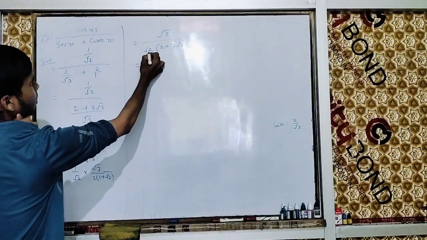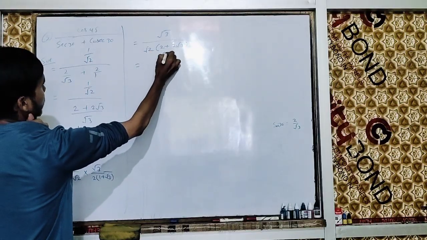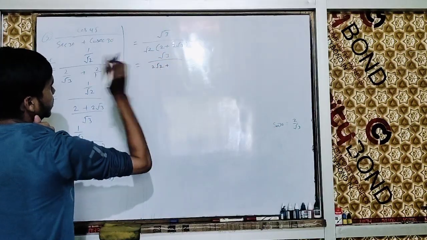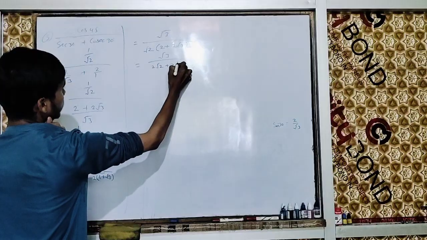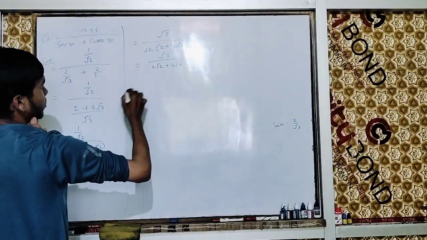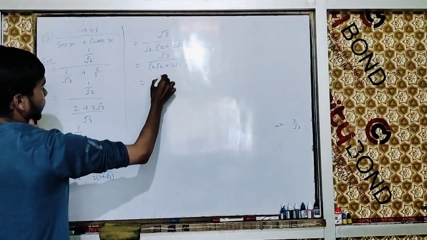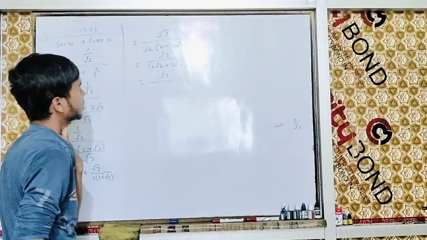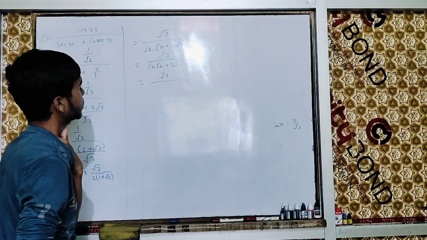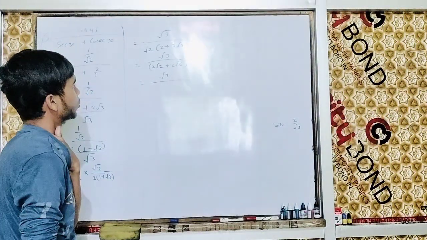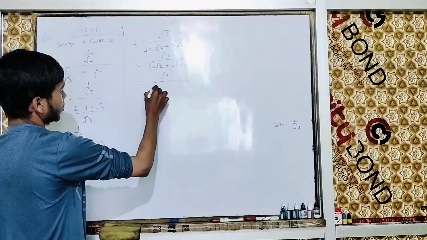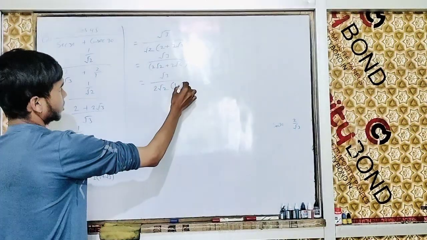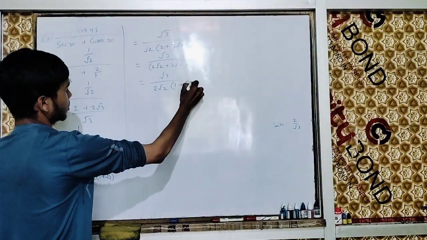Okay, let's multiply this with this. Root 3, it will become 2 root 2. Then here we have 2 root 6. Okay. Then what is the common? 2 is common. So we can say 2 root 2, and here this will be 1 and this 3.